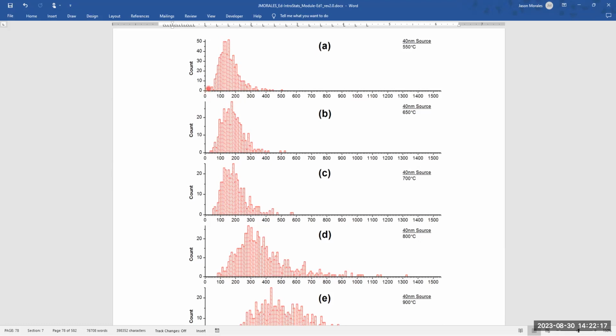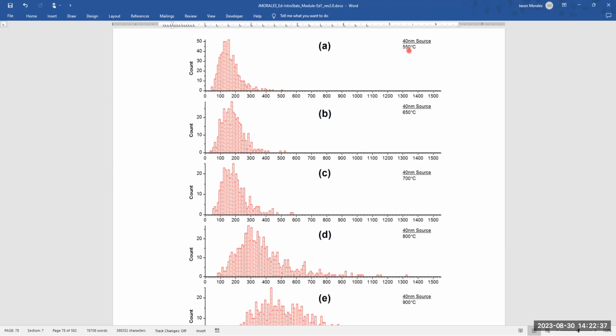So what you can see is that the distribution of grains, the sizes of the grains, has this very symmetrical shape, and it's centered somewhere around 150 nanometers. So that means the average grain size was about 150 nanometers.